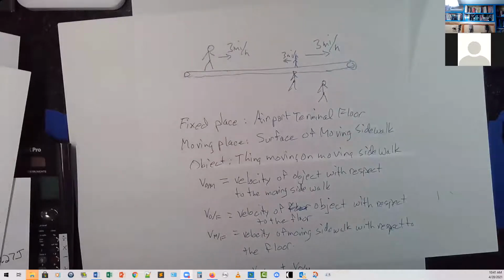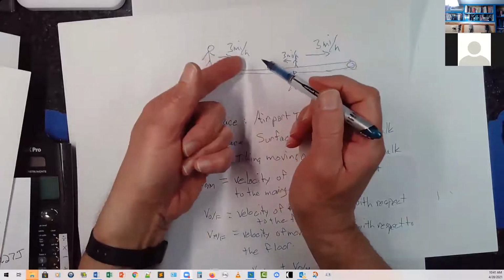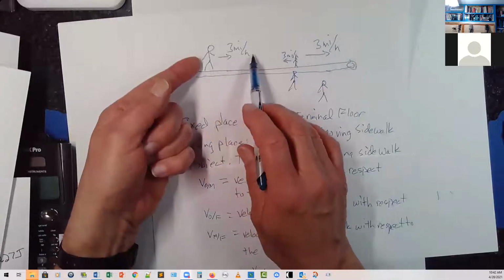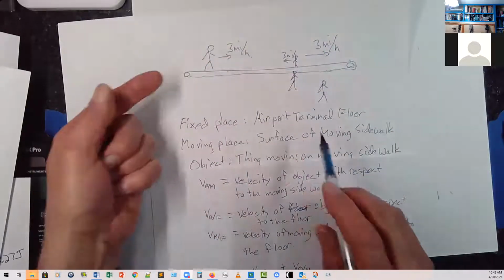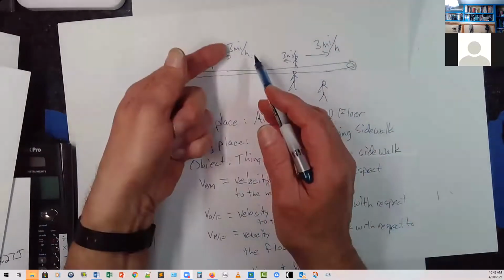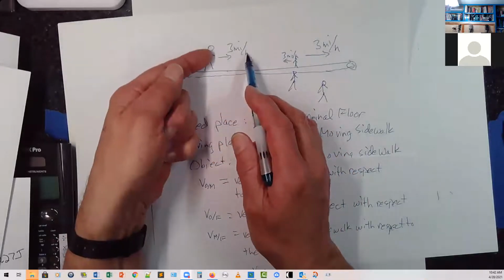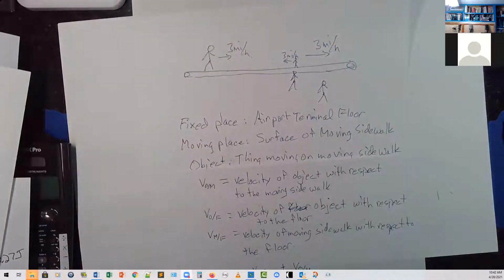And this seems pretty abstract, but if you imagine the velocity of this person who's walking on the moving sidewalk with respect to the floor, well, they're going 3 miles an hour on the sidewalk at the same time that the sidewalk is moving to the right at 3 miles an hour. So their velocity with respect to the floor is the sum of their velocity with respect to the sidewalk plus the velocity of the sidewalk with respect to the floor. They add that way.